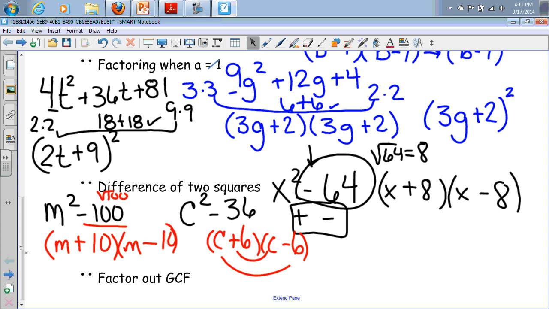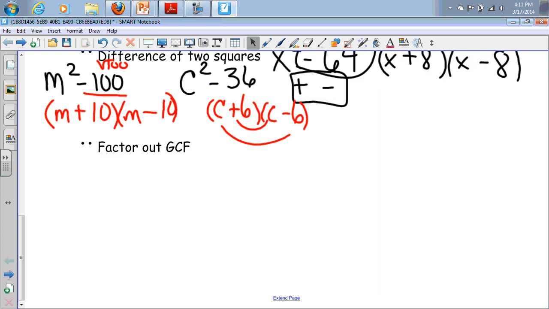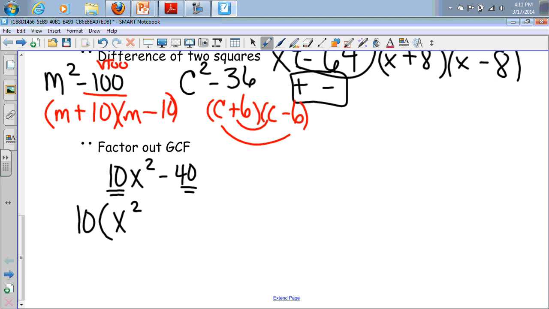Lastly, we're going to factor out the GCF. Okay? So let's look at this. What if we had 10x squared minus 40? Okay? Is there a common factor here in the coefficients, 10 and 40? Absolutely. So it's 10 times the quantity x squared minus 4.